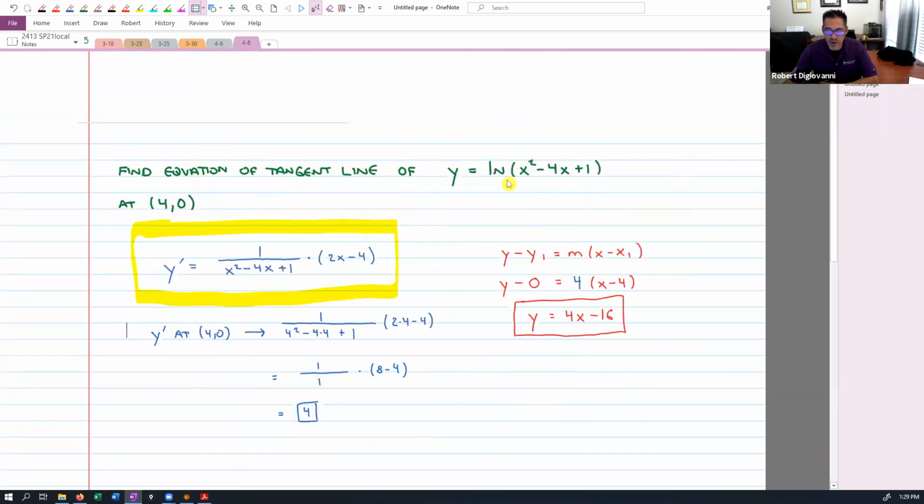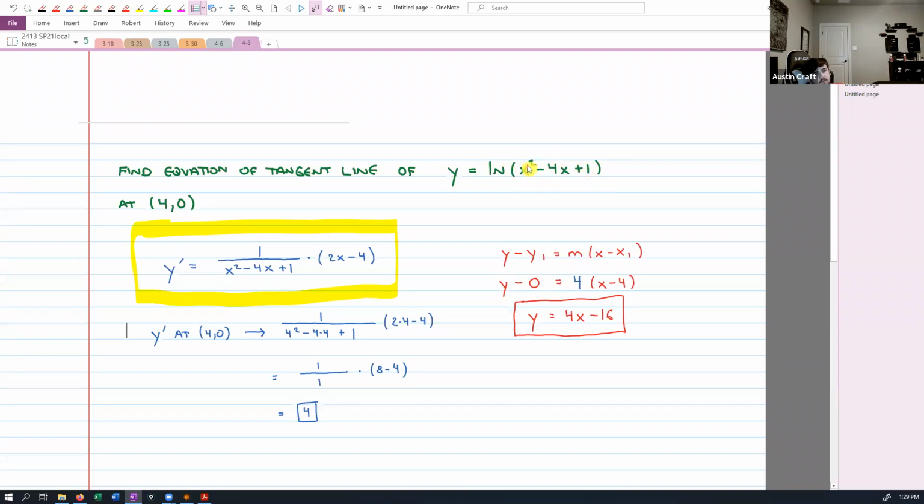How about the first problem we started class with? This problem would not have been good for logarithmic differentiation, because even though we have a log, we don't have products or quotients in here. We do have a power, but can you pull that 2 out? Is that 2 acting on the entire thing in here? No, it's just the x squared.